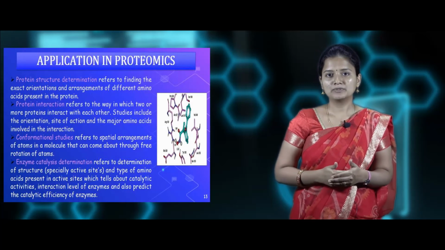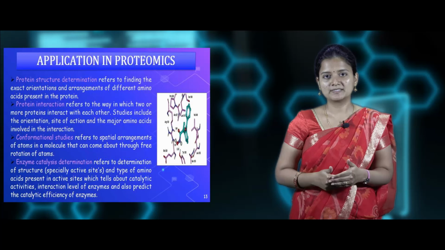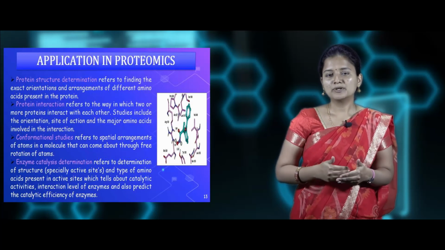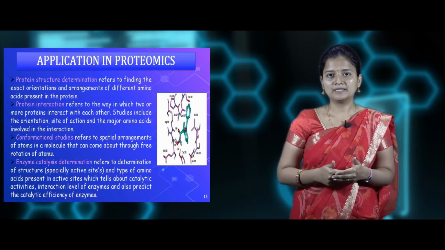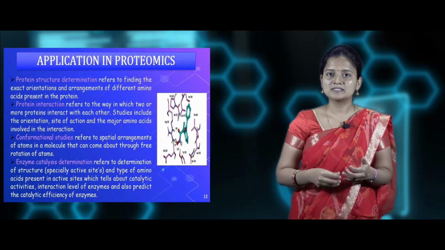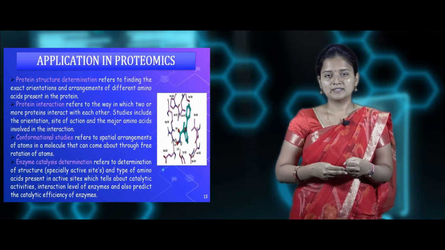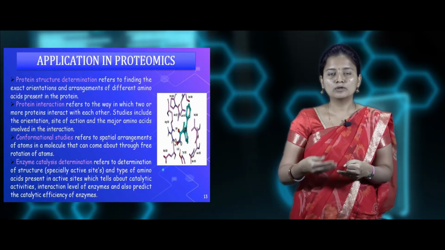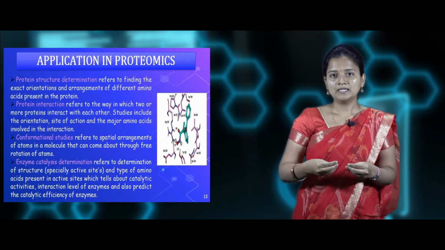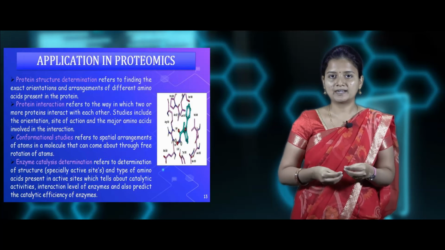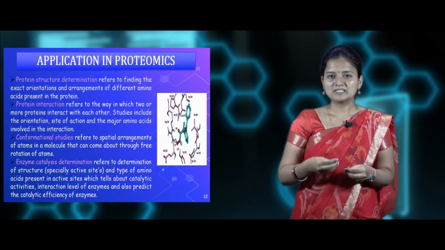In the previous slide, we saw the general applications of X-ray crystallography. Now we are going to see the applications in the field of proteomics. The first one is protein structure determination. In protein structure determination, we are able to study all the amino acids present in a particular protein. Then protein interaction, which means the interaction of two or more proteins. The main amino acids present in the interaction can be studied. Then conformational studies.